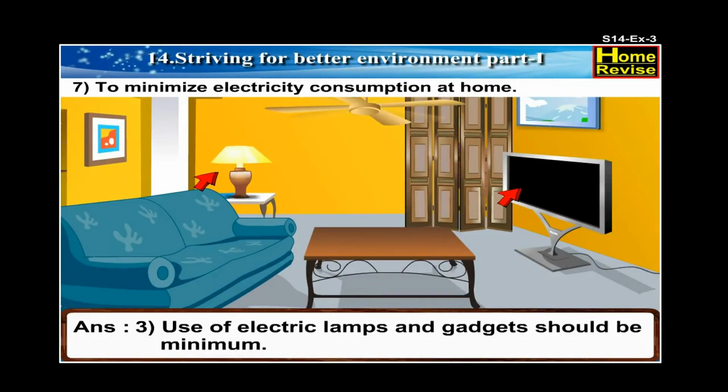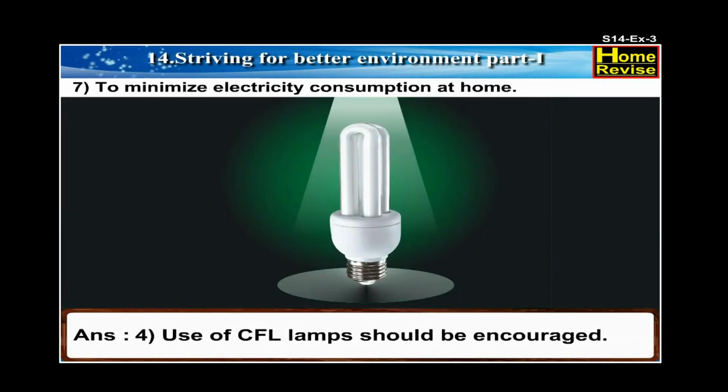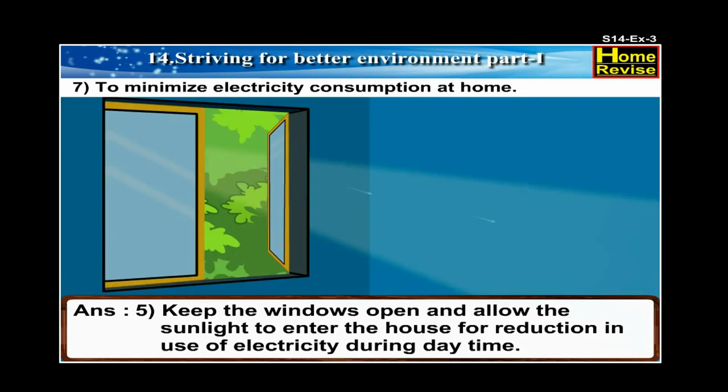Use of electric lamps and gadgets should be minimum. 4. Use of CFL lamps should be encouraged. 5. Keep the windows open and allow the sunlight to enter the house for reduction in use of electricity during daytime.